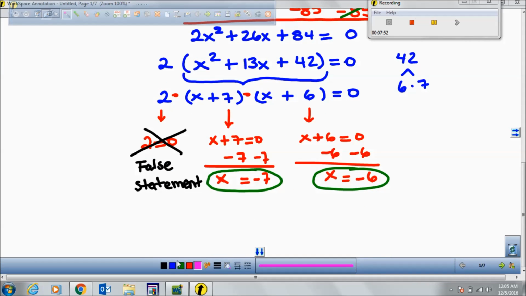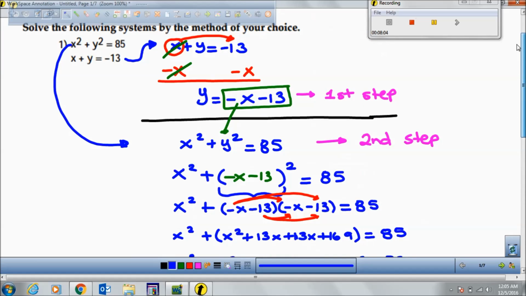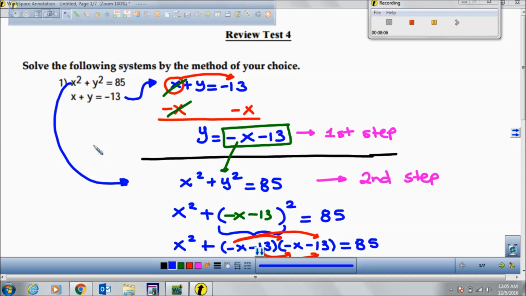Now what I need to do, as a third step, is substitute these x's into one of the original equations. Technically it shouldn't matter if these were both linear equations; you could choose the first one or the second one.